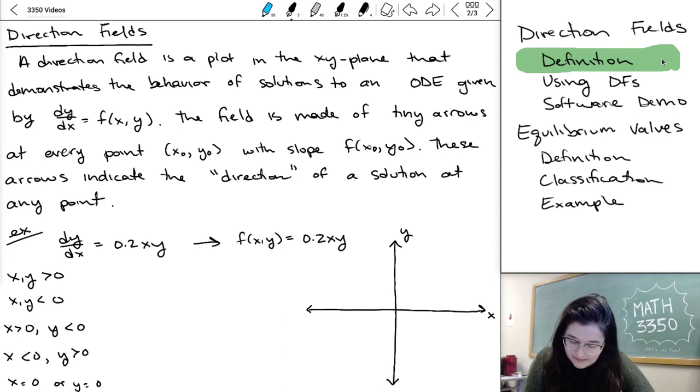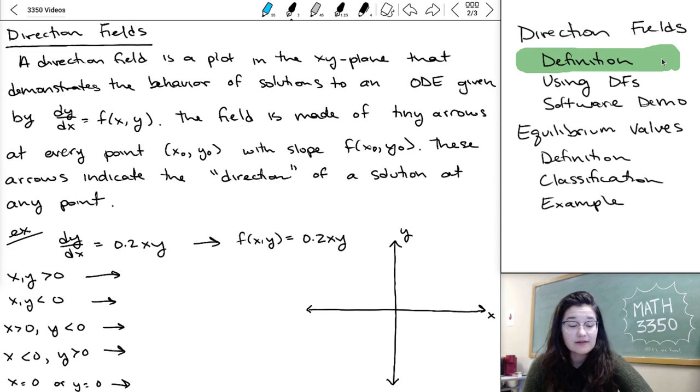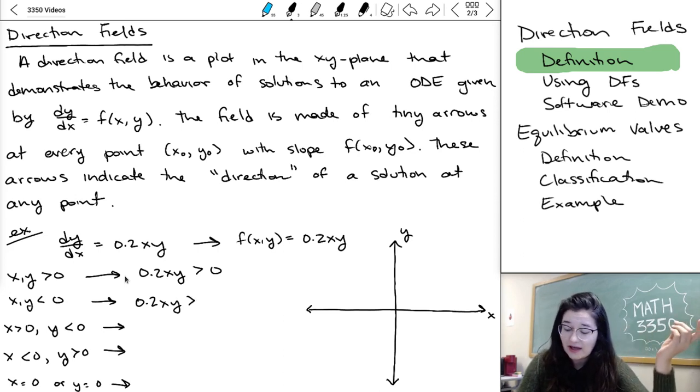And so in each of these cases, we're just going to ask ourselves, what is 0.2xy? For this first case where x and y are positive, when I multiply two positive numbers together, I'm going to get something that's positive. Similarly, when x and y are both negative, if I multiply them together, I'm still going to get a product that's positive.